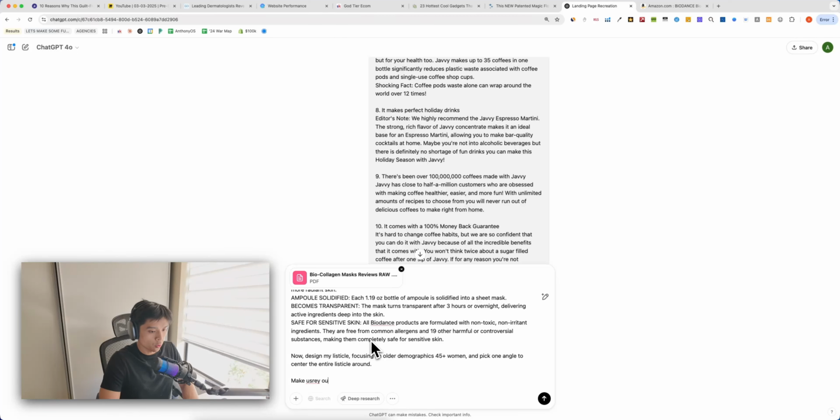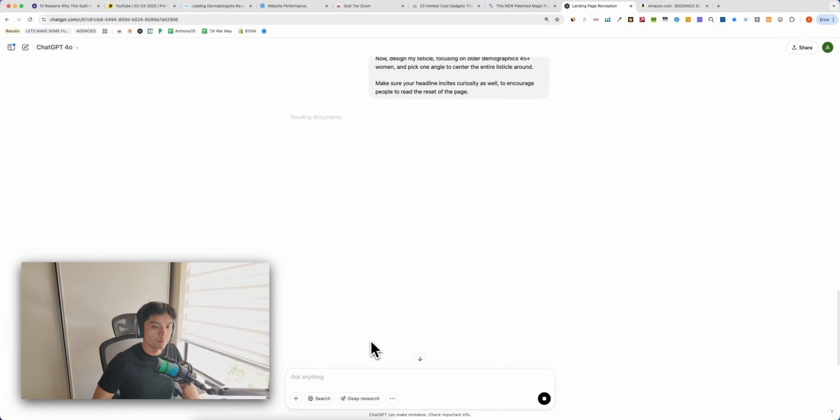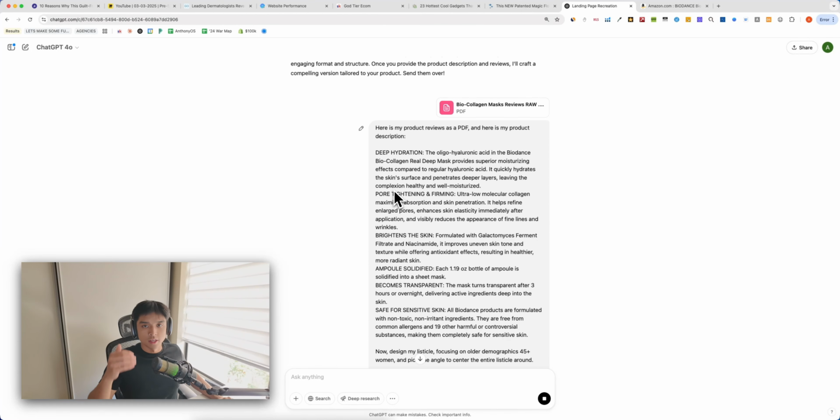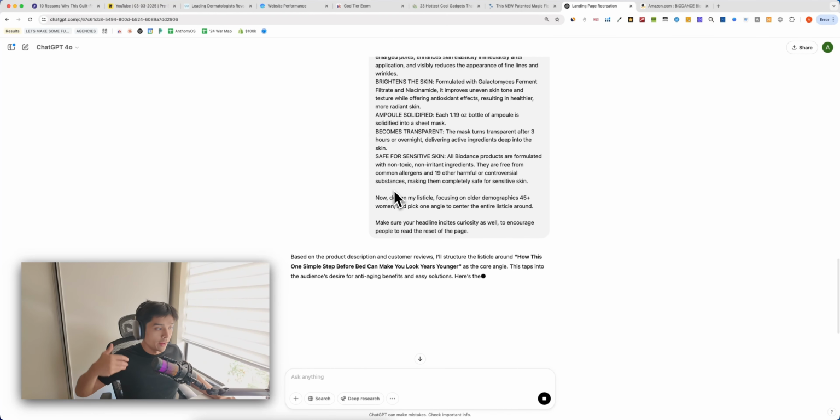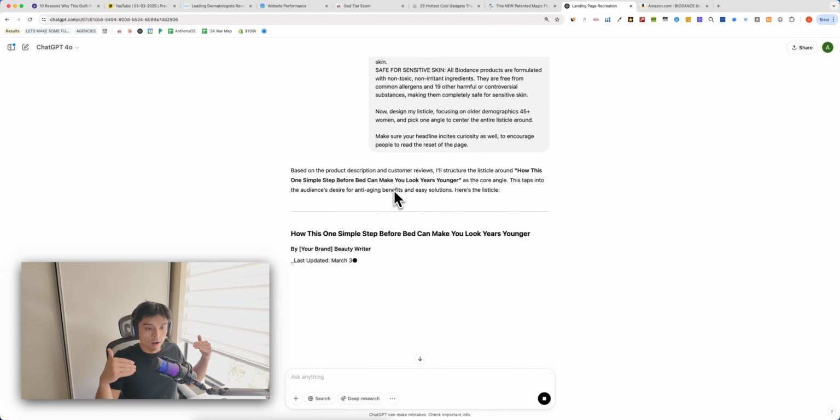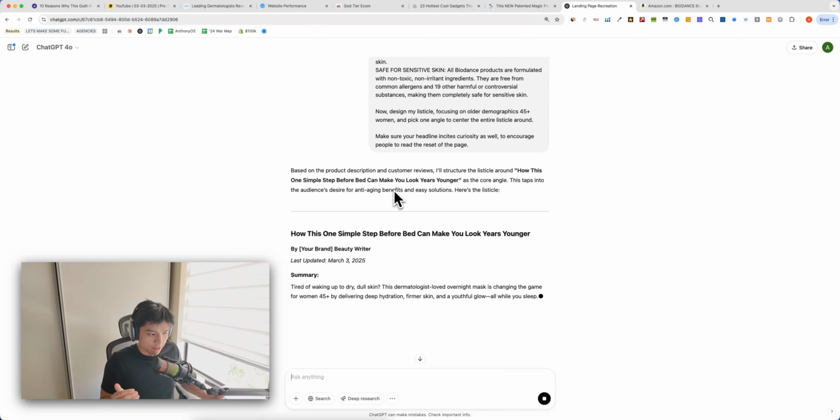Make sure your headline incites curiosity as well to encourage people to read the rest of the page. Okay. Now we've given it the product description, and we've also given it an export of the reviews. So it has all of that information that it needs to actually construct the article in a way that's accurate to the product that you're selling.